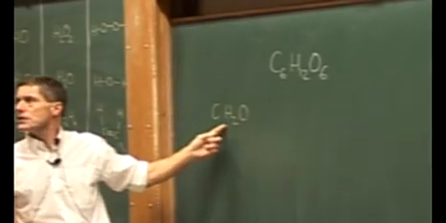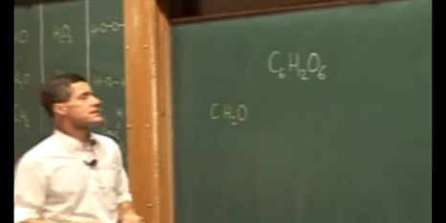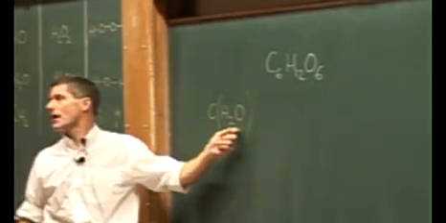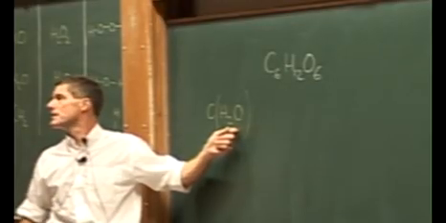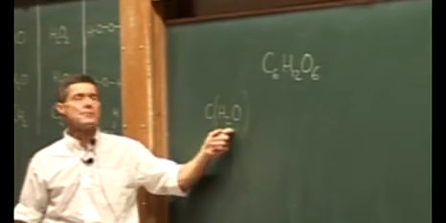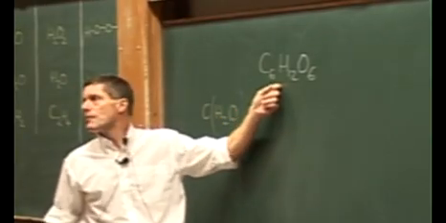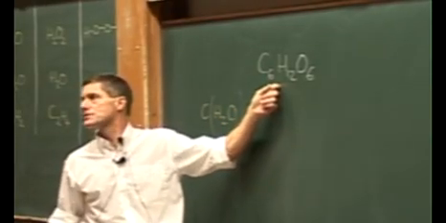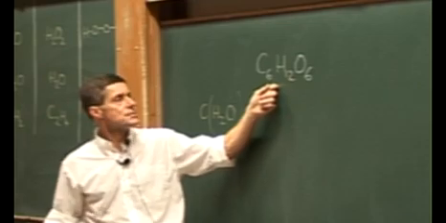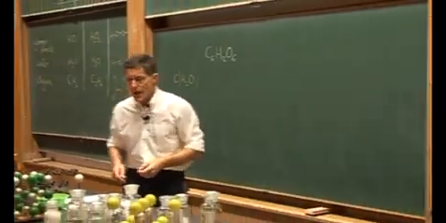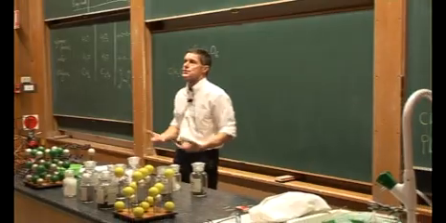You can see why sugar is part of a group of chemicals called carbohydrates, because it is, in the empirical formula sense, just carbon and water. Glucose itself has molecules with 6 carbons, 12 hydrogens, 6 oxygens. And glucose is an energy source.